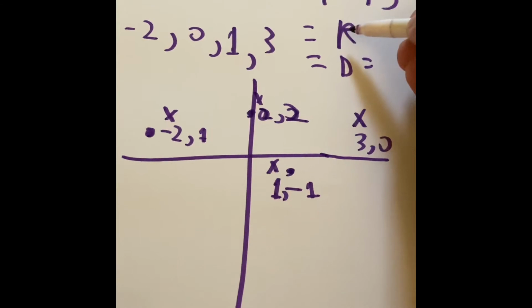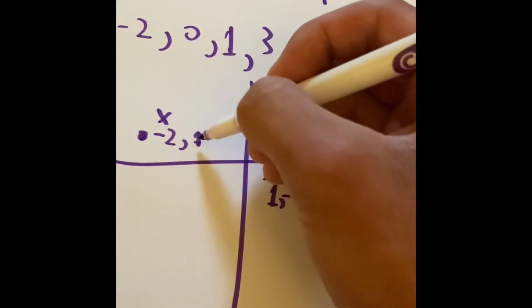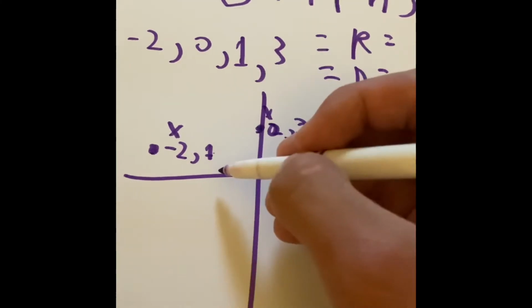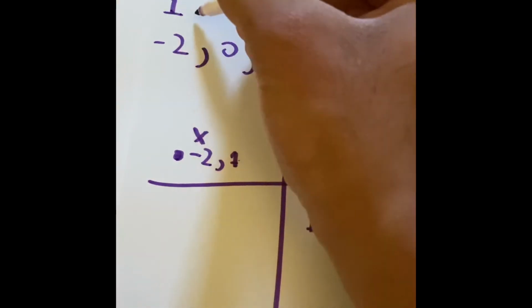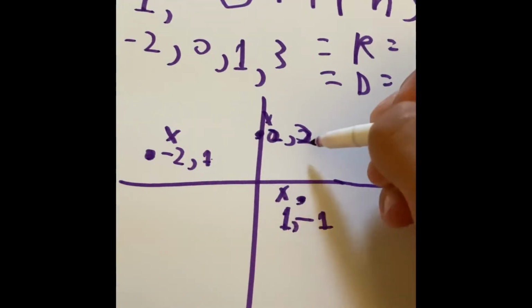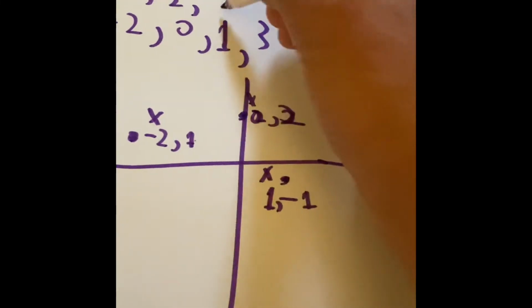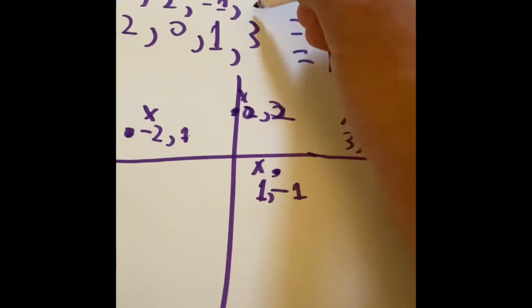Our range is going to be pretty much the same thing, but we're looking at the second number on the plots. With the range, we're going to put +1, comma, 2, comma, -1, comma, and 0.